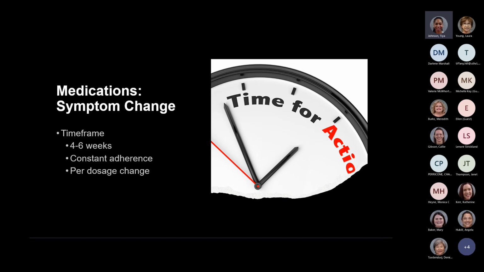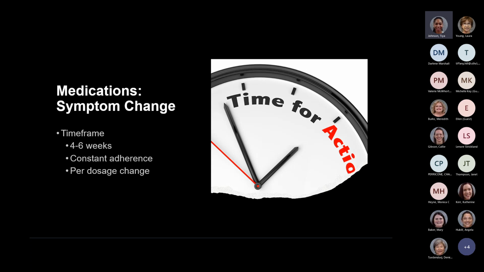Now, when we have a patient come back to see us, we always make sure to ask that they are taking their medication every day and consistently, because if they are missing several days, that 4 to 6 week range that I'm giving is not going to be appropriate at that time, because they're not even taking their medications consistently. So we have to make sure we assess for that and ask them how many times they are missing their medication.